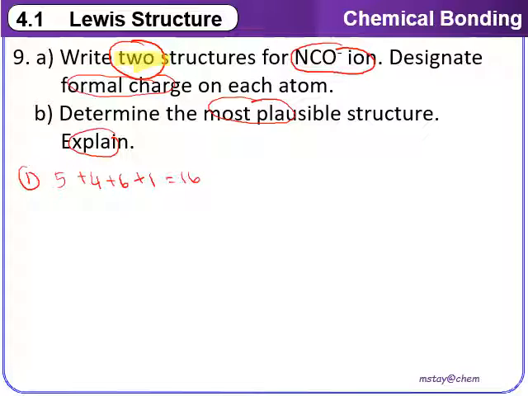Step number 2, in this case, as we know, nitrogen is not the least electronegative, because we already know the most electronegative, first one is fluorine, second oxygen, and then third is nitrogen. So in this case, carbon will be the central atom. Terminal atoms are oxygen and nitrogen.